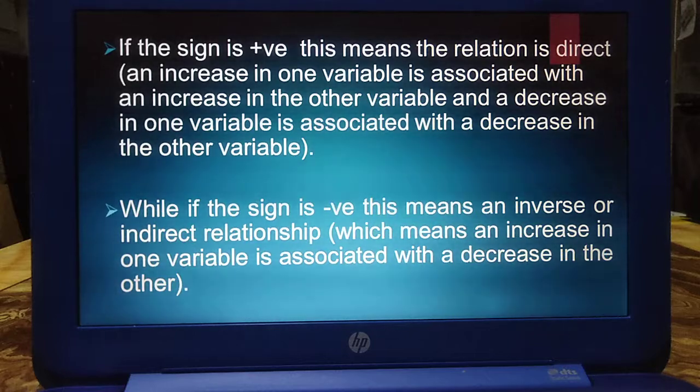You have to look at it in the same manner that you look at variation. If one variable goes up and the other goes up, we have a direct relationship. If one variable goes up and the other goes down, then we have an inverse relationship.